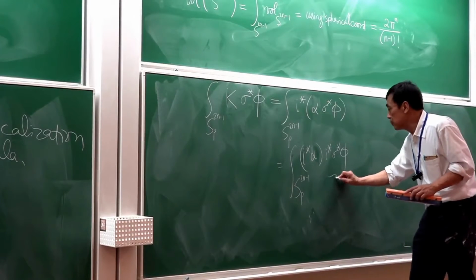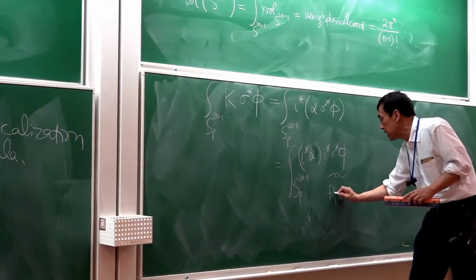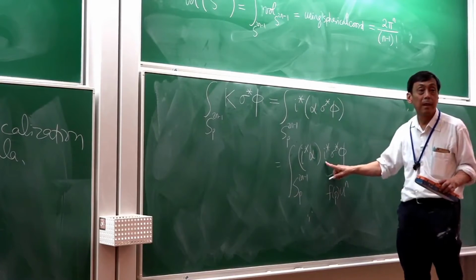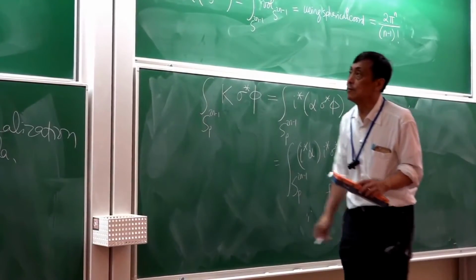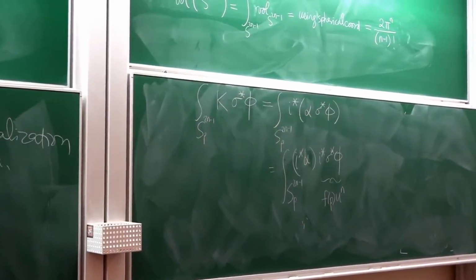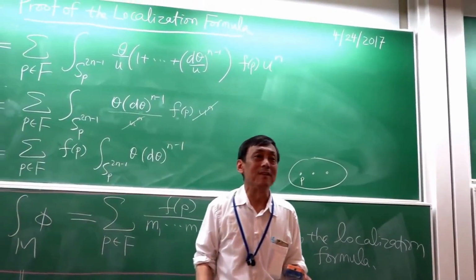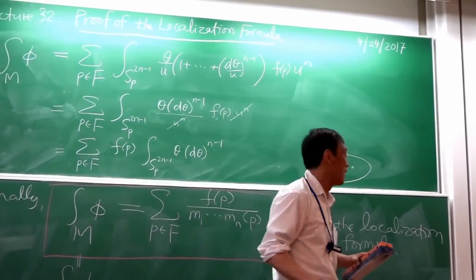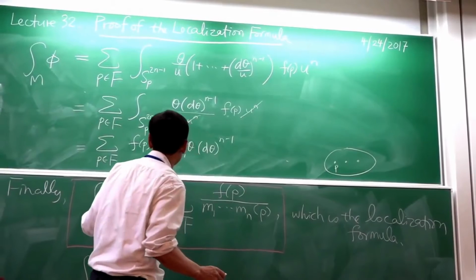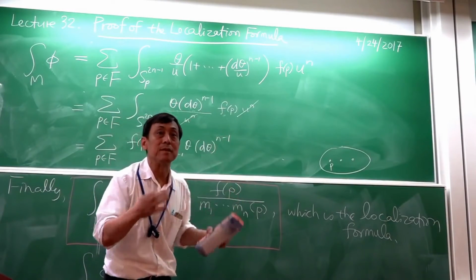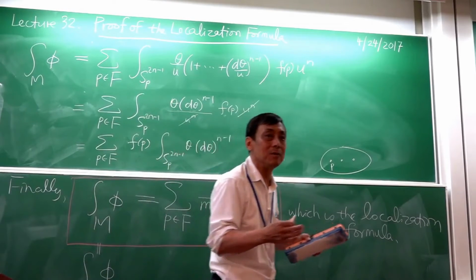And then this part here gives me f_p u to the n. And this part, it just says I restrict these thetas to the sphere. And the formula that I wrote down for theta was when I restricted theta to the sphere.